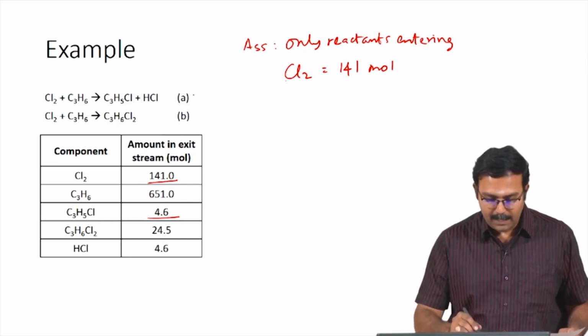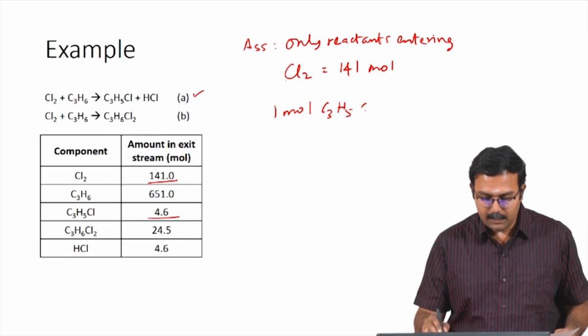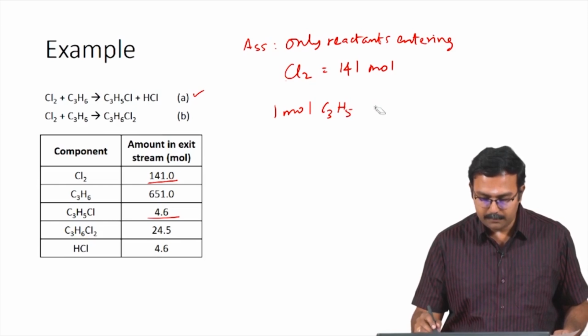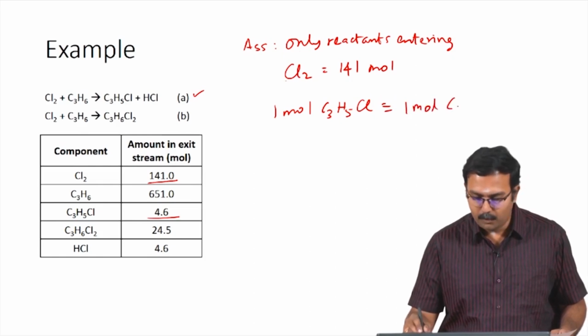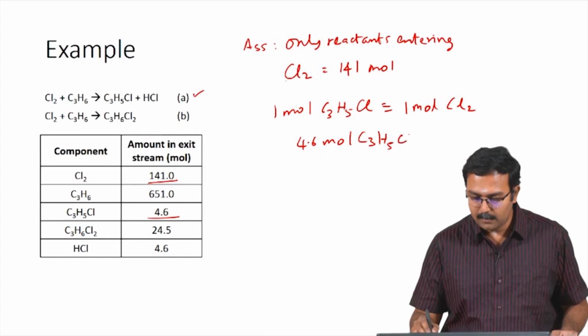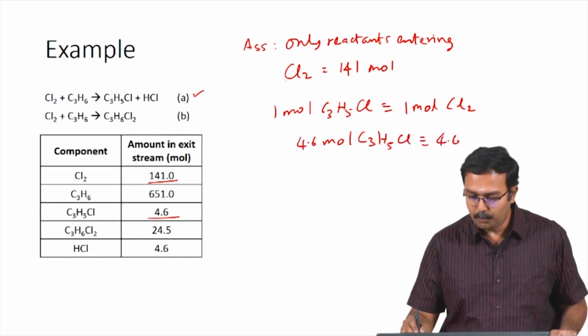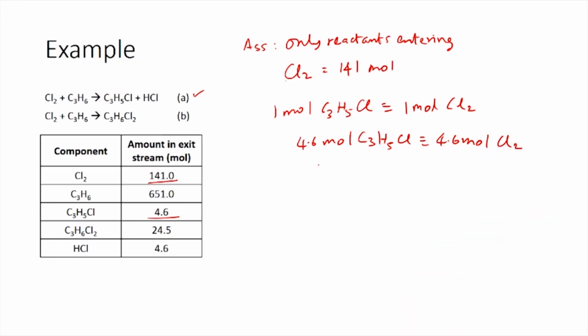From reaction A, we know that 1 mole of C3H5Cl is produced by 1 mole of chlorine. So, this means 4.6 moles of C3H5Cl was produced by 4.6 moles of chlorine. So, in the first reaction we know that 4.6 moles of chlorine has actually been consumed.